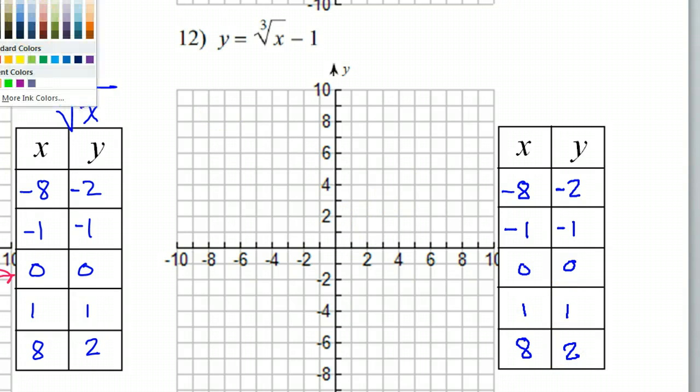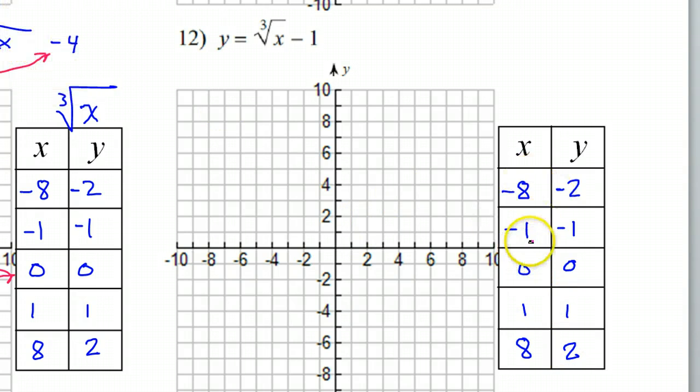So once again, I graph this parent function, and it looks like this, just like the last 2 times. We do not connect the dots because we still must do the shift. This -1 is a translation down 1. So I move everything down 1.